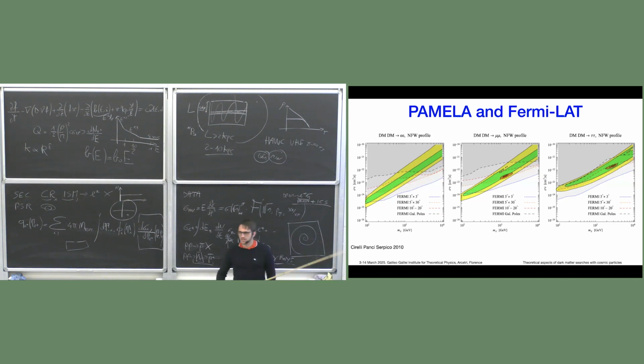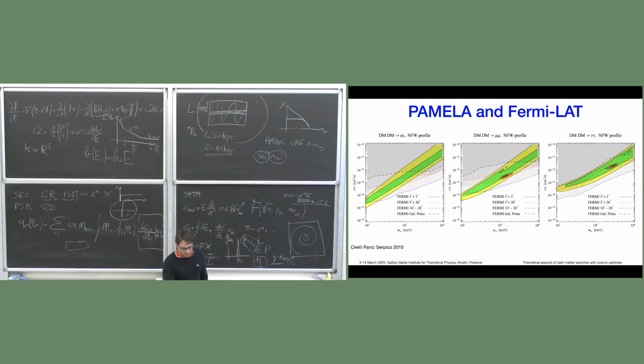And this was just with, if I remember correctly, 10 months of Fermi-LAT data. Now Fermi-LAT has been taking data for 17 years, meaning that these limits probably improve by a factor of square root of 17. Okay, so basically a factor of at least 4 lower.